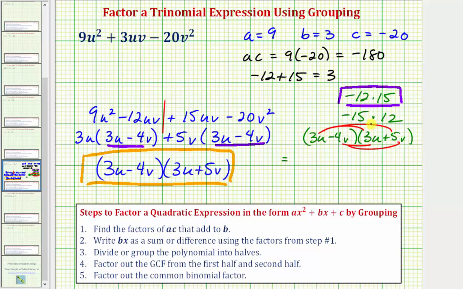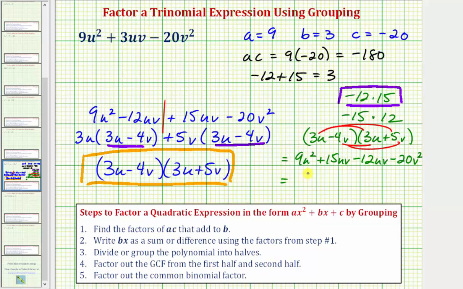So 3u times 3u is 9u squared. 3u times 5v would be 15uv, or plus 15uv. Next we have negative 4v times 3u, which would be negative 12uv, which we can write as minus 12uv. And then finally we have negative 4v times 5v, which would be minus 20v squared.